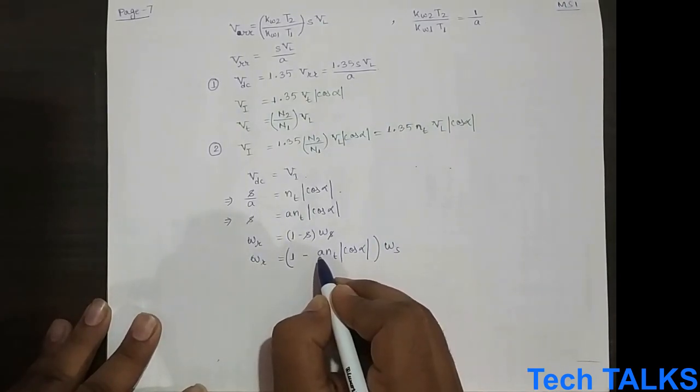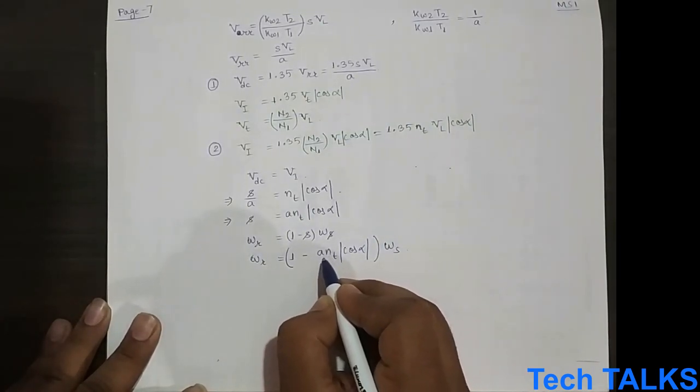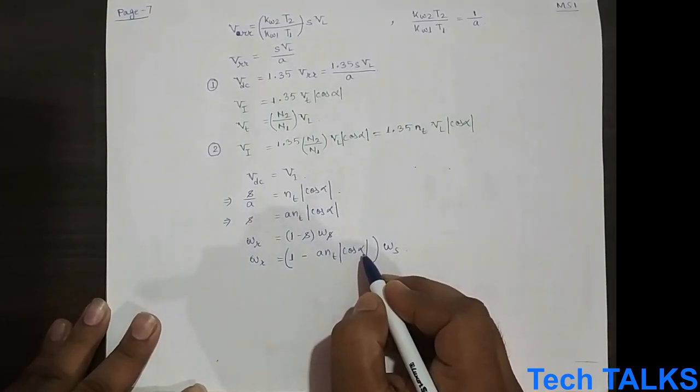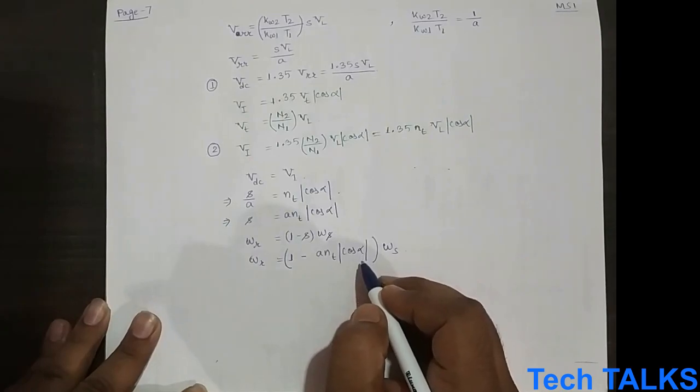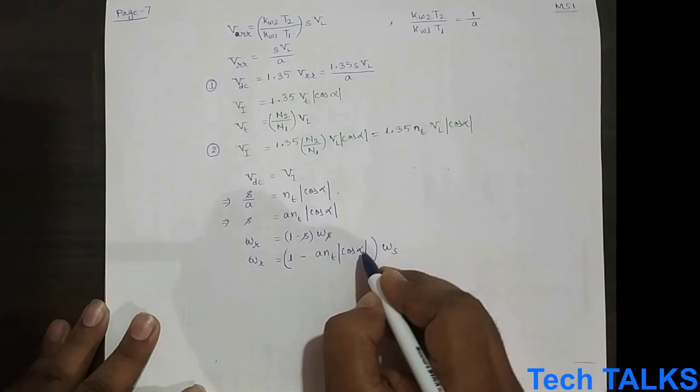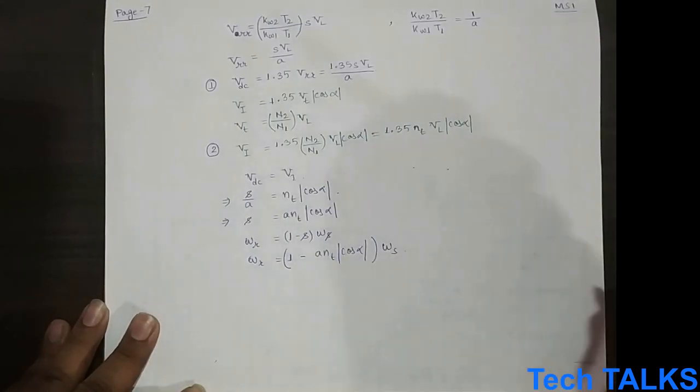You don't have any control of A and NT, but you have control on this alpha, that is the firing angle of the inverter. So you can easily control this alpha to change the speed of the motor.